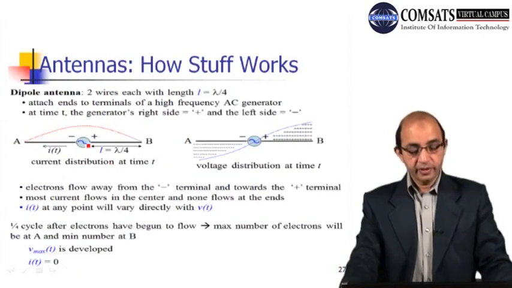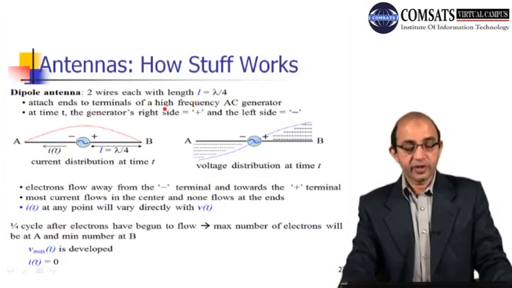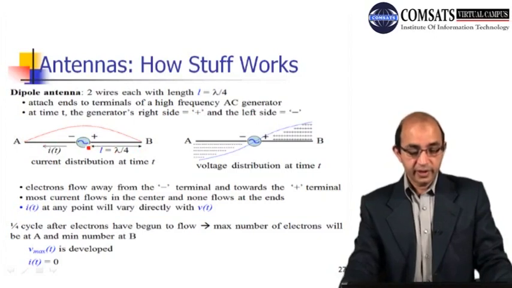So here we have the dipole antenna, two wires each with length L equal to lambda by 4, attached at the ends to the terminals of a high frequency AC generator. We have connected those wires to this high frequency alternating current generator.